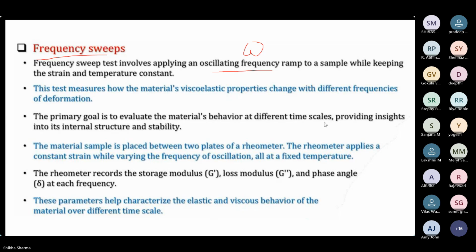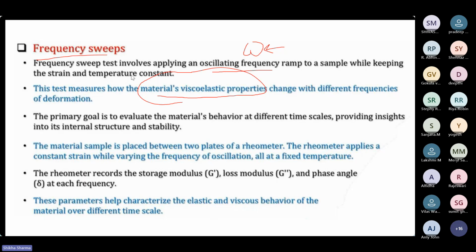So with the change in the frequency omega, we try to understand basically the material's viscoelastic behavior, or how much it is able to deform, or what is the internal property or internal structure of the material.